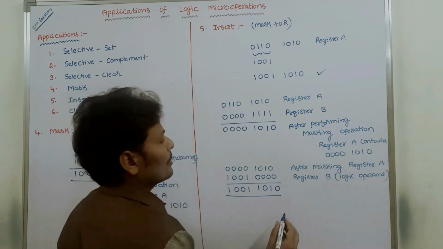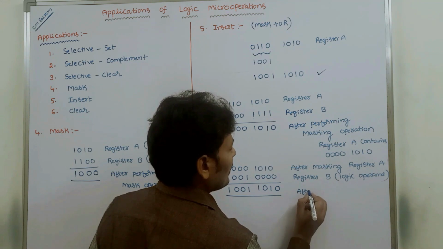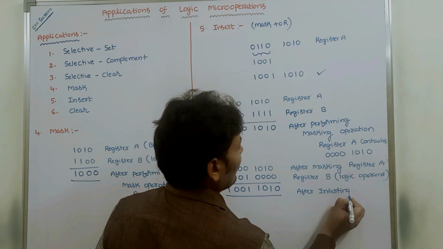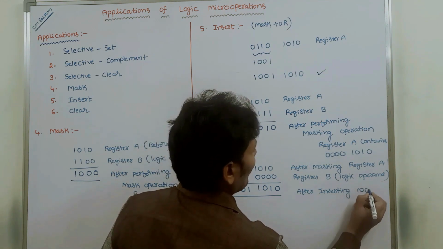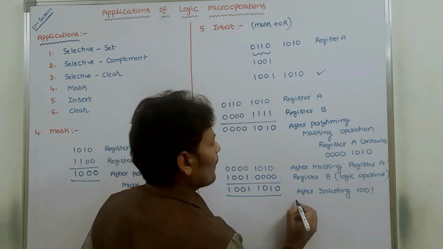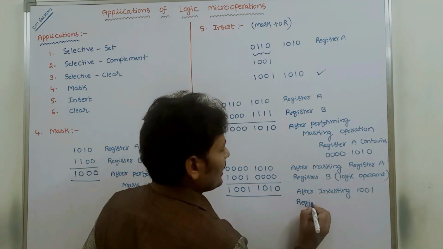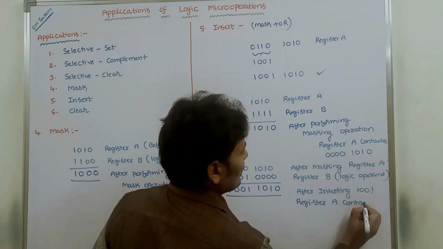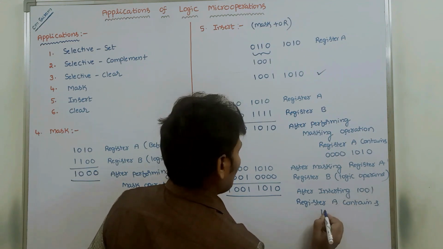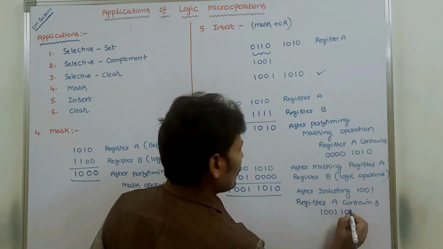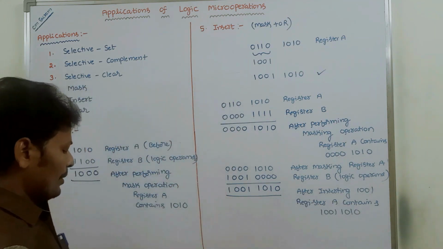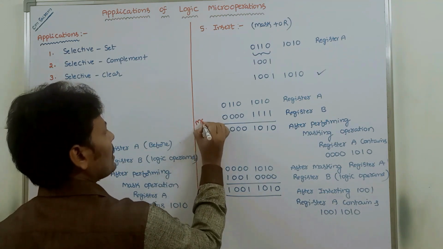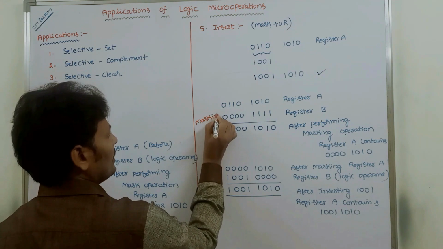So after inserting 1001, register A contains 1010. Okay, so here this operation is called as masking operation.